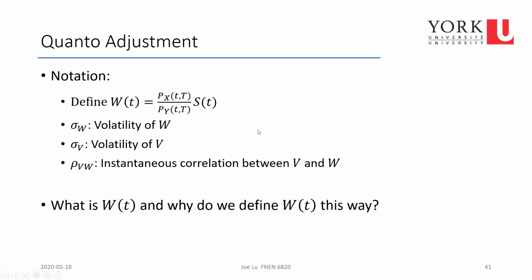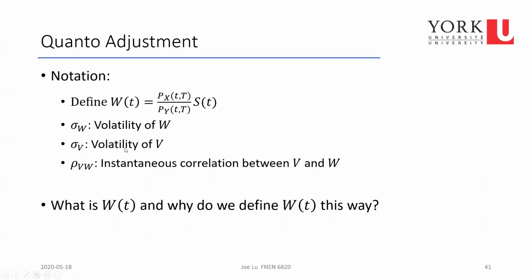Okay, now let's define our usual variable W here. W is this ratio PX divided by PY. You can sort of see that we're changing from one numeraire PY to numeraire PX here. So for notation purposes, we have a sigma W for the volatility of this variable here.